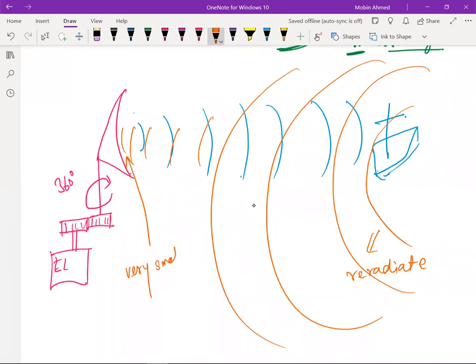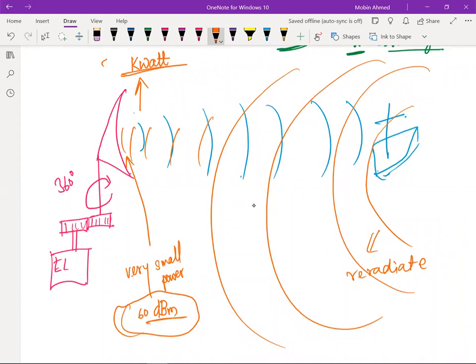Generally, we measure it in dBm, if you know about the decibel, something like 60 dBm or 50 dBm. So this is the power that is going to come.